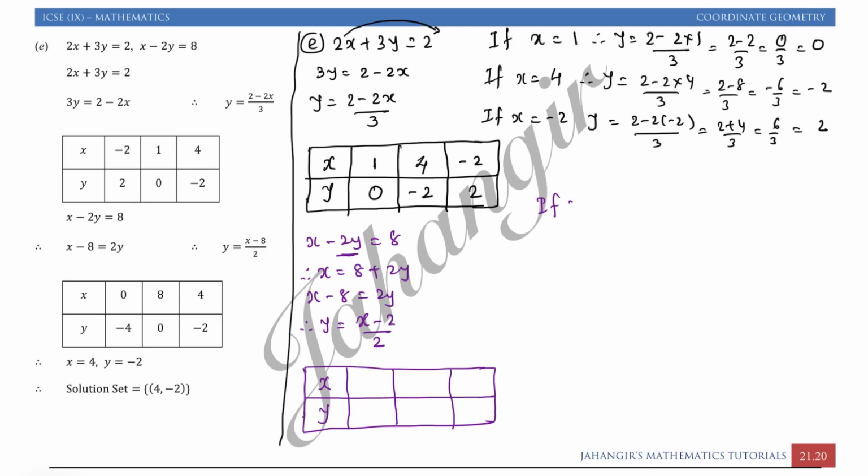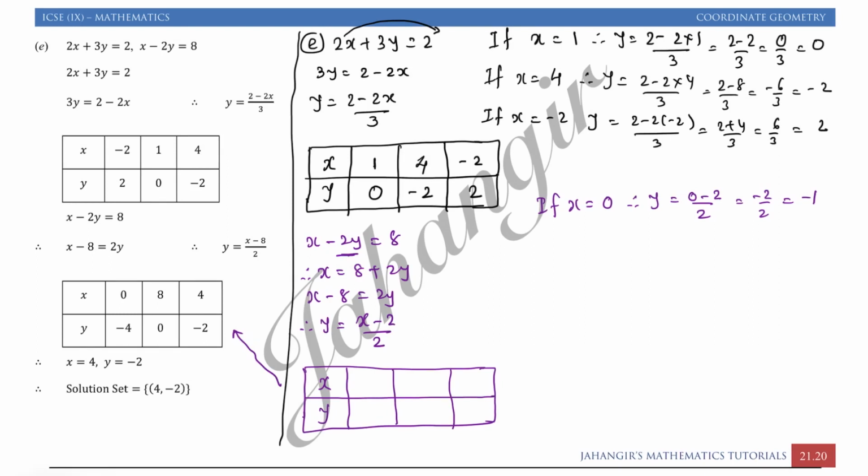If I am taking x equal to 2, it will work, but I have not taken it over here. So I will take x is equal to 0. You can take x is equal to 2, then you will get y equal to 0. I cannot take different values because you people will get confused which value I am going to plot. Therefore y is equal to 0 minus 2 by 2, which will give you minus 1.